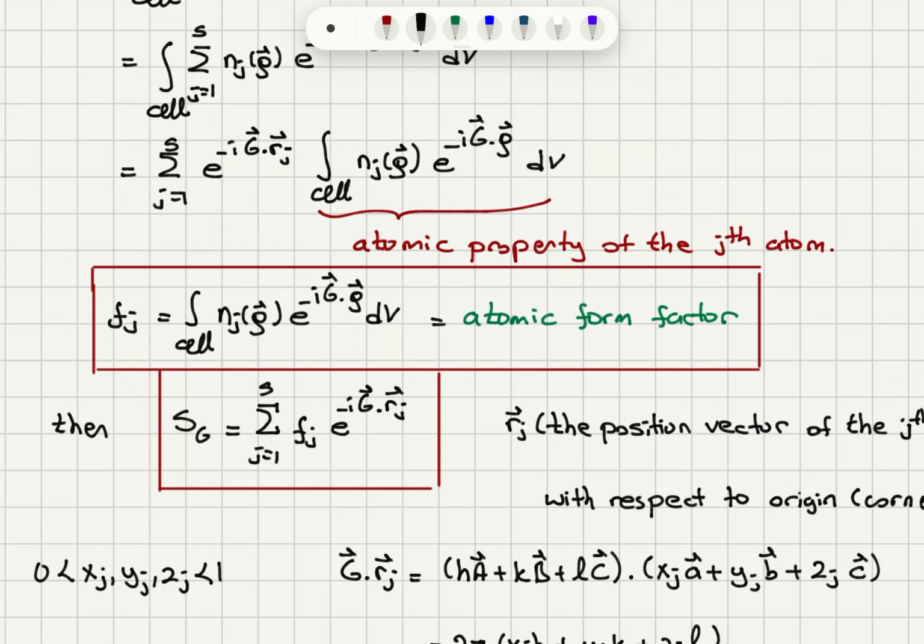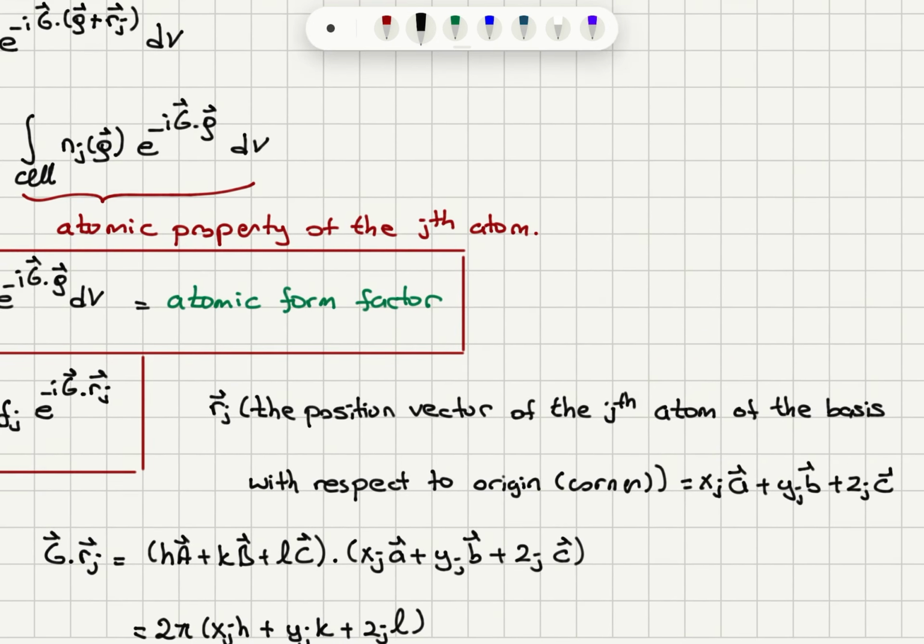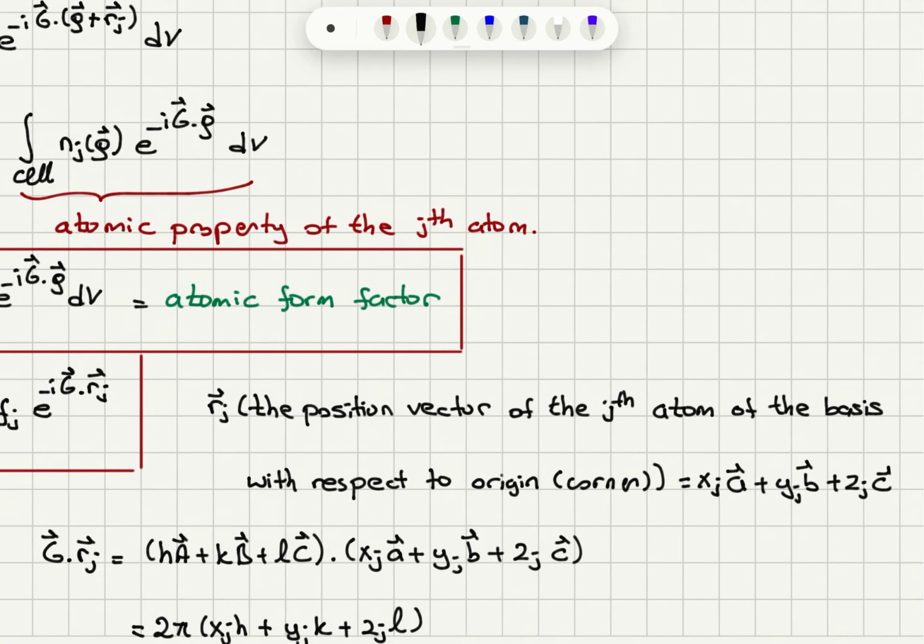So g is our reciprocal lattice vector, rj is the position vector of the jth atom of the basis with respect to the corner. And we can write this as xj a, yj b, zj c, where a, b, and c are our basis vectors in the direct lattice. So this is a dot product between a reciprocal lattice vector and a direct lattice vector, where the direct lattice vector is the position vector of the jth atom of the basis with respect to the corner.